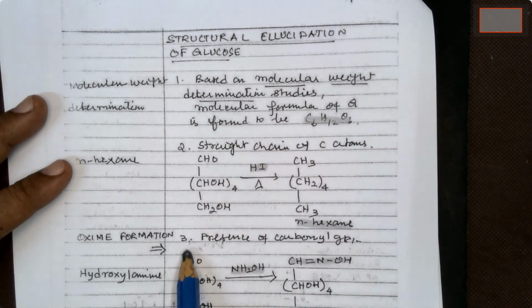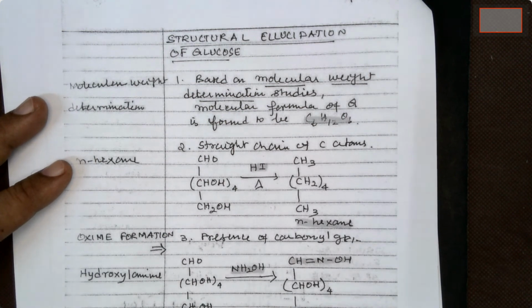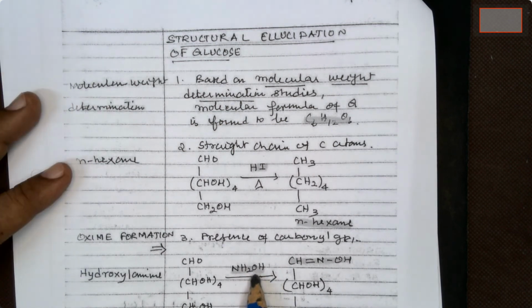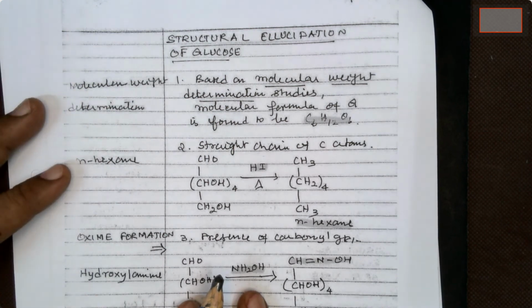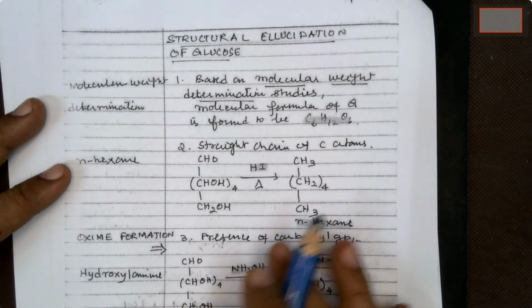And there is the presence of a carbonyl group. How was it confirmed? When glucose is treated with hydroxylamine, NH2OH, where OH is the hydroxyl group and NH2 the amine, so it's called hydroxylamine. Usually hydroxylamine reacts with a carbonyl compound to give an oxime.